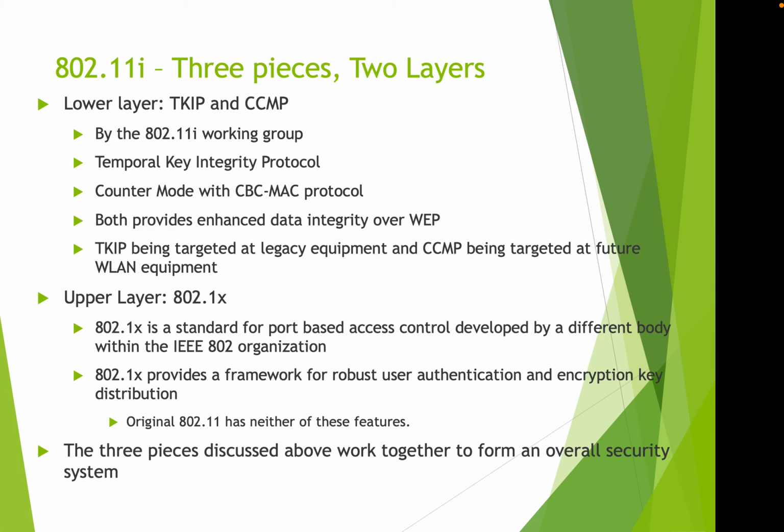This one was formed something like in the 2000s. So it has counter mode with CBC-MAC protocol. We already talked about CBC-MAC. Okay, so it provides enhanced data integrity over WEP. The upper layer is 802.1X.